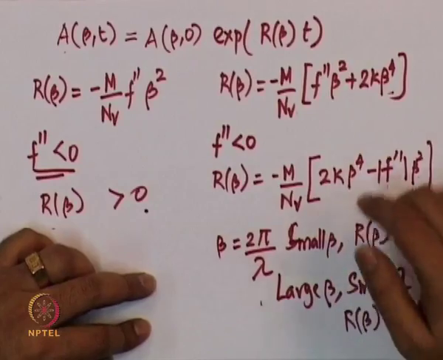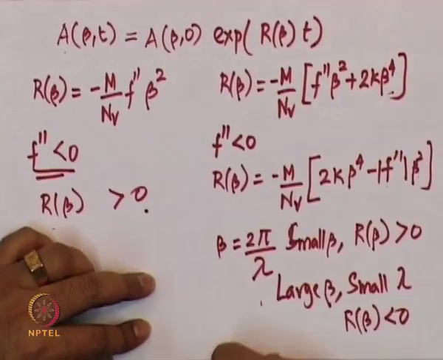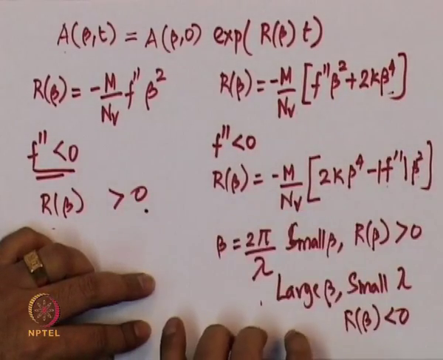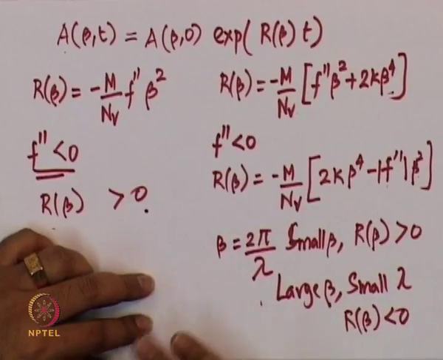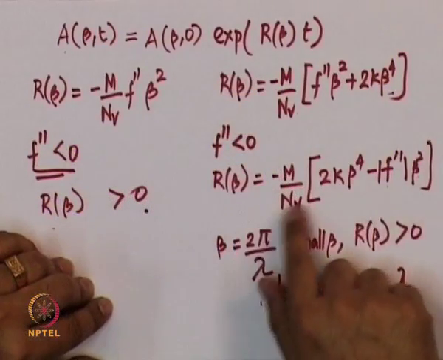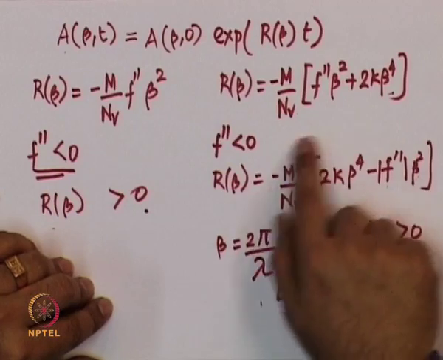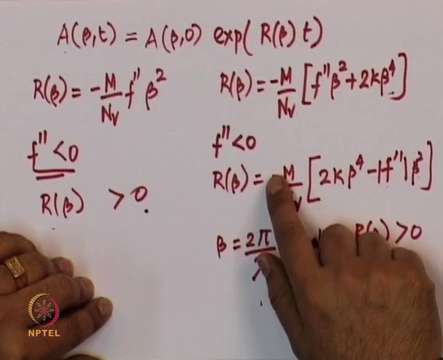Thus, the Cahn-Hilliard equation gives a solution which automatically makes sure that wavelengths larger than a critical wavelength grow, and wavelengths smaller than the critical wavelength die down. So the R beta term decides how the waves grow.